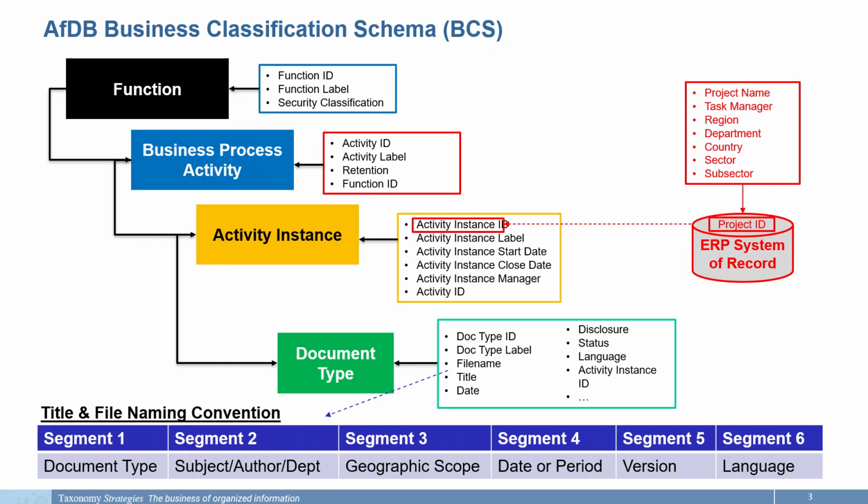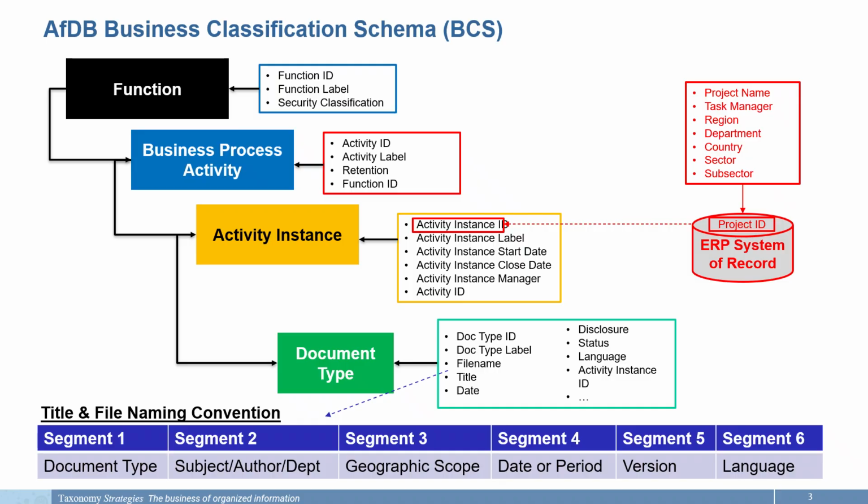Metadata should be defined to support the use cases. It should be automatically generated by business rules and other methods as much as possible, and only minimally entered manually. Metadata values should be managed vocabularies from authoritative sources, such as reference data from enterprise resource planning systems of record as much as possible.